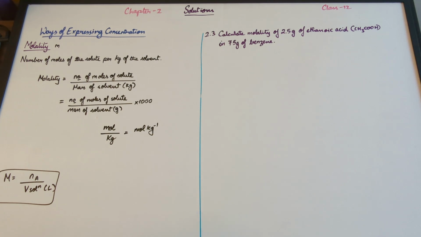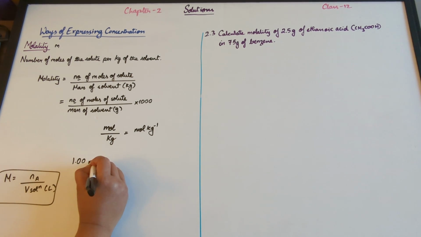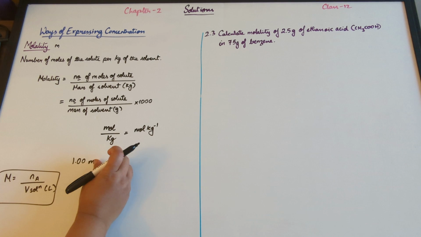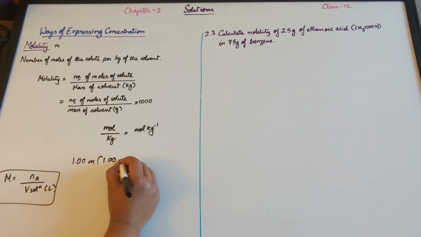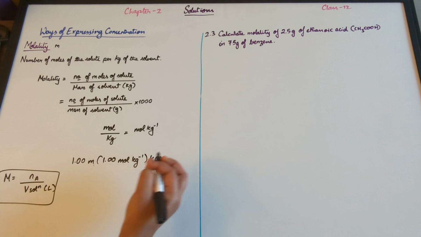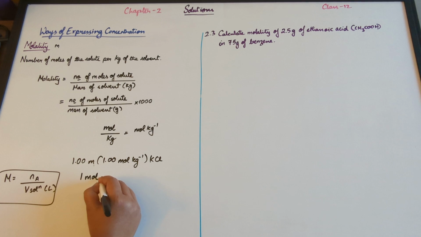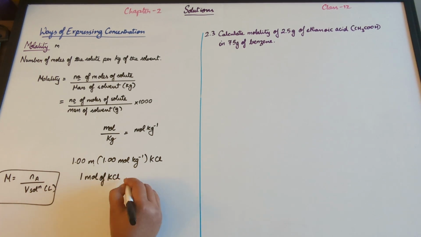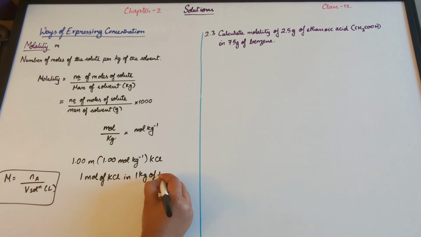Now, what does all of this mean? It means that, for example, if we have 1 molal, or 1.00 moles per kilogram of KCl, you have 1 mole of KCl in 1 kilogram of water.